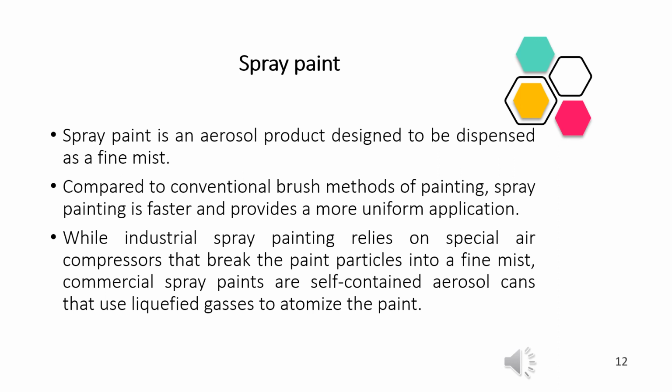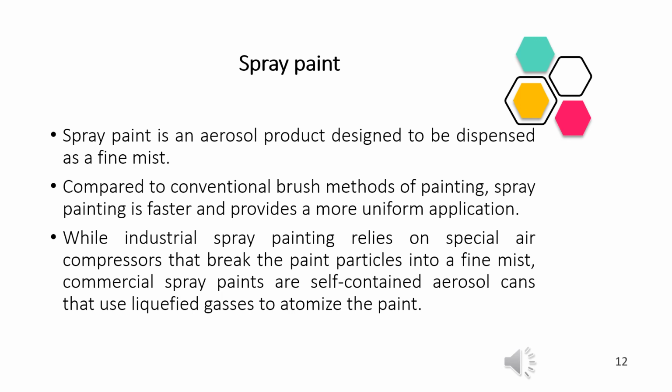While industrial spray painting relies on special air compressors that break the paint particles into a fine mist, commercial spray paints are self-contained aerosol cans that use liquefied gases to atomize the paint. So how is the spray painting used industrially? The spray painting methods rely on special air compressors industrially.